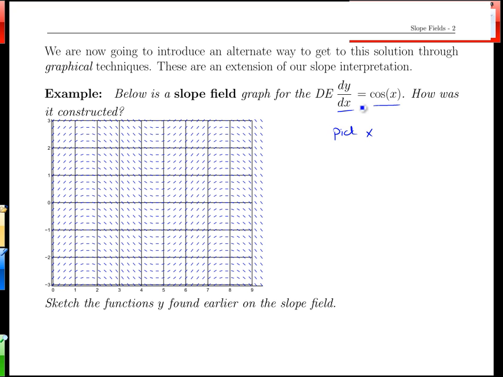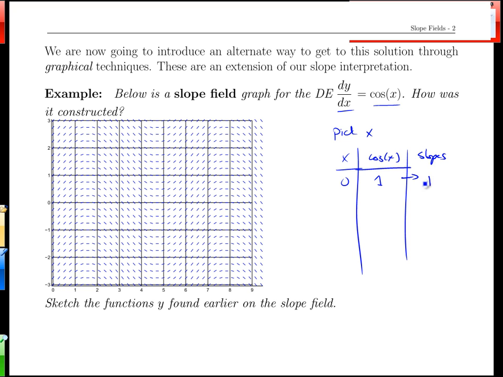Well, if you look at an x value here, let's say x equals 0, we see a bunch of lines all with the same slope. Cos of 0 is just 1.